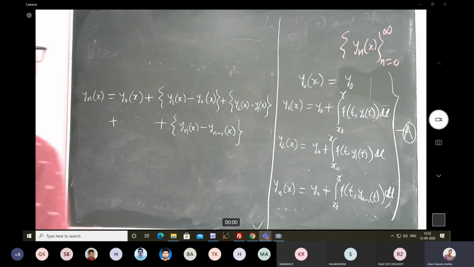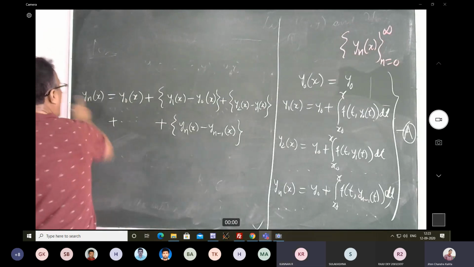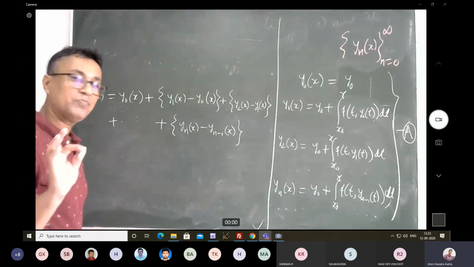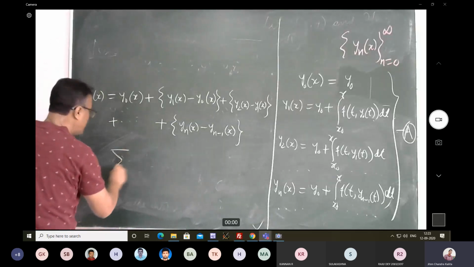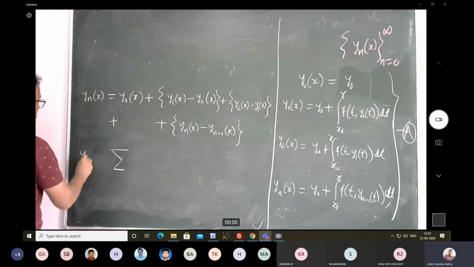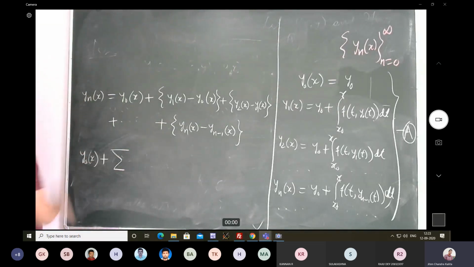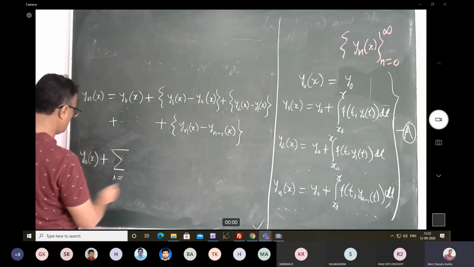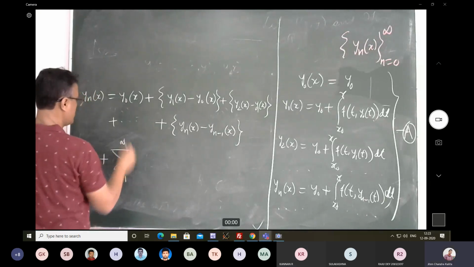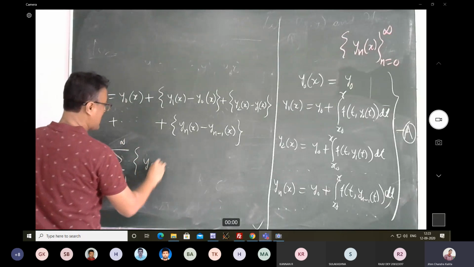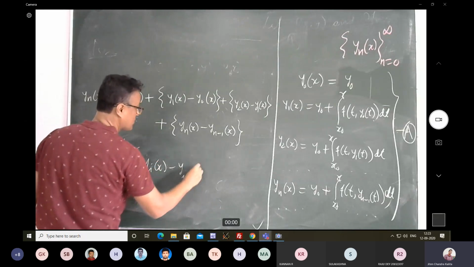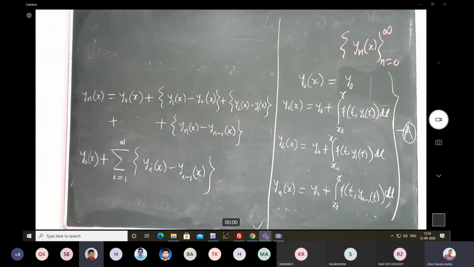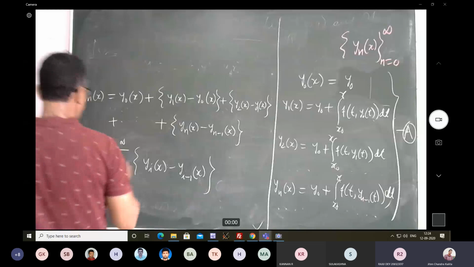Now, I can say that this y_n(x) is nothing but the nth partial sum of the infinite series given by y_0(x) plus the sum over i going from 1 to infinity of y_i(x) - y_{i-1}(x). Is it okay? Yes.